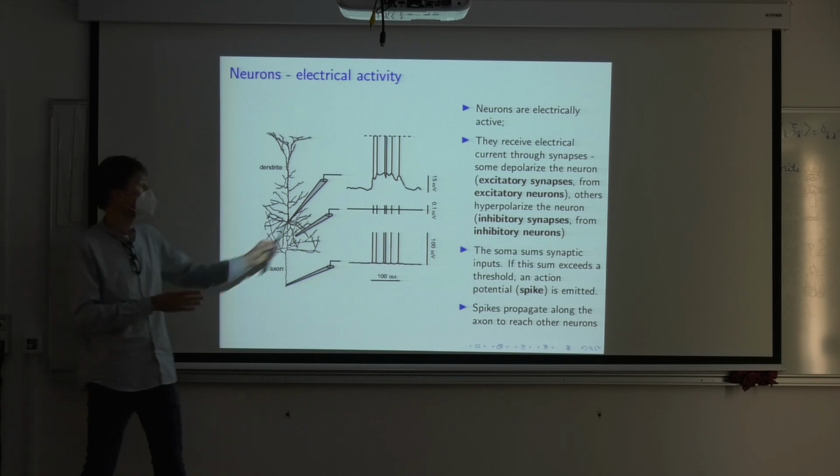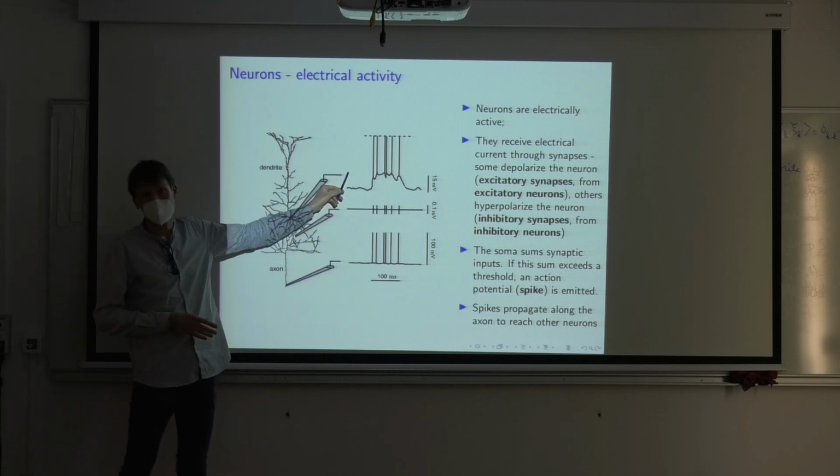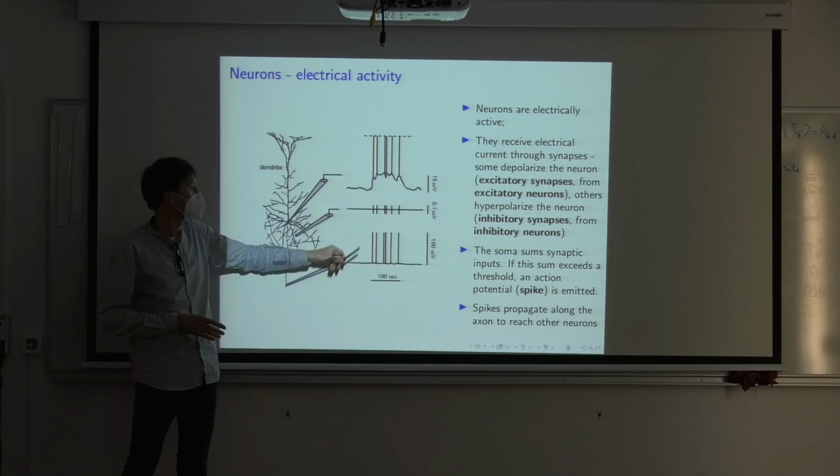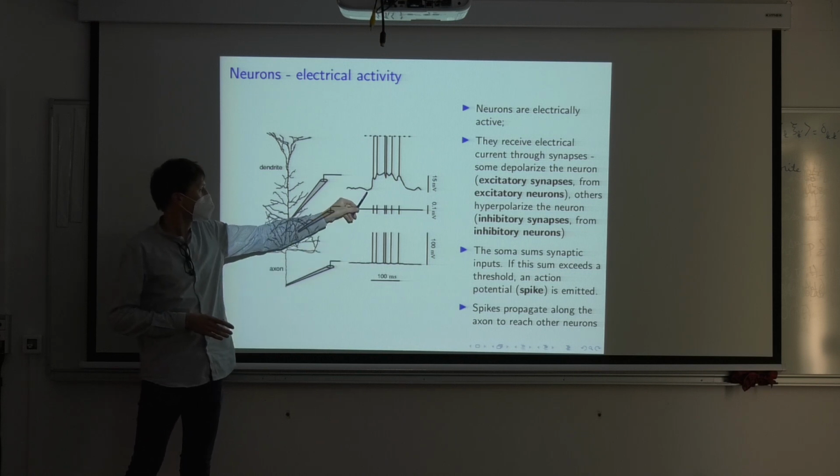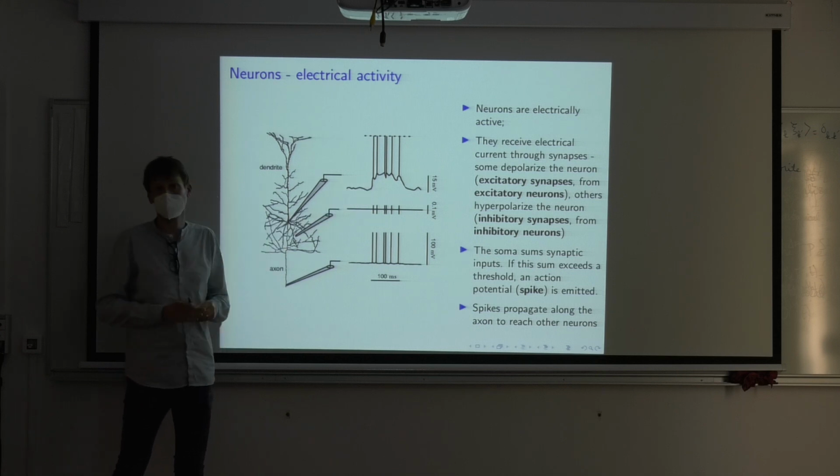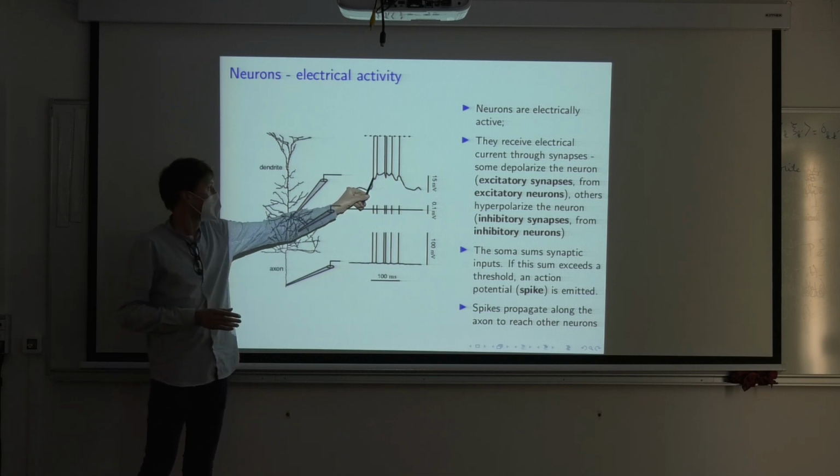If it receives an excitatory input, then the membrane potential goes up. If it receives an inhibitory input, it will go down. And so it will fluctuate up and down, and maybe there are synchronized excitatory inputs that arrive at some point in time, and so that brings the membrane potential up.